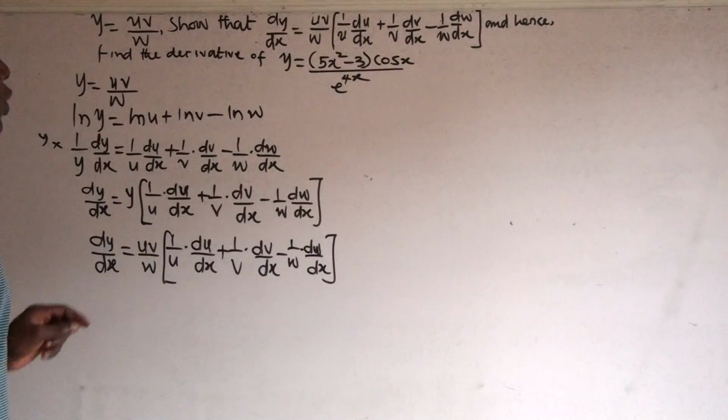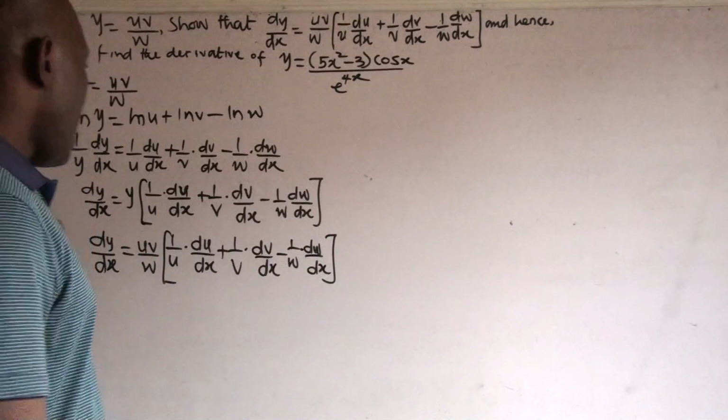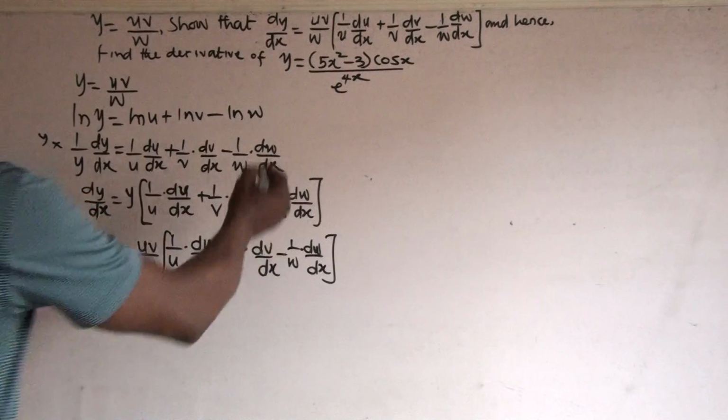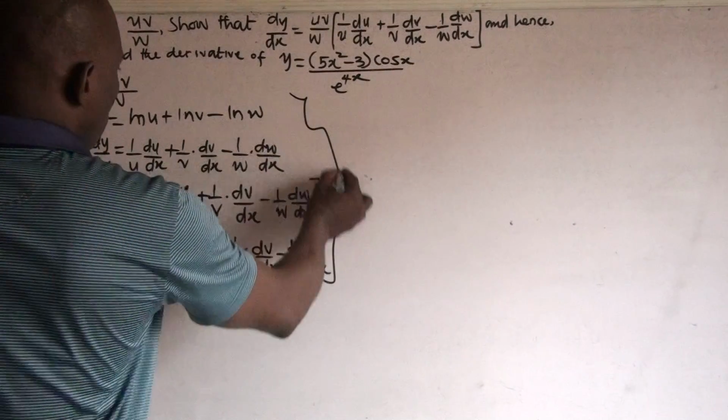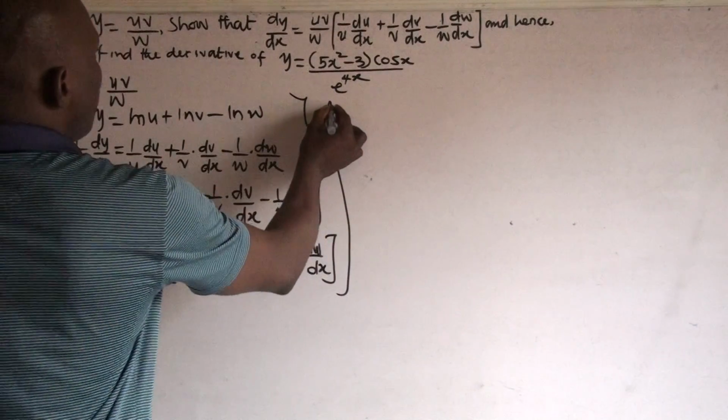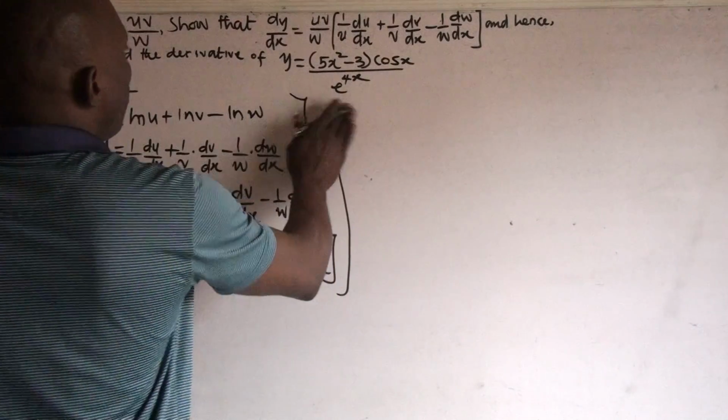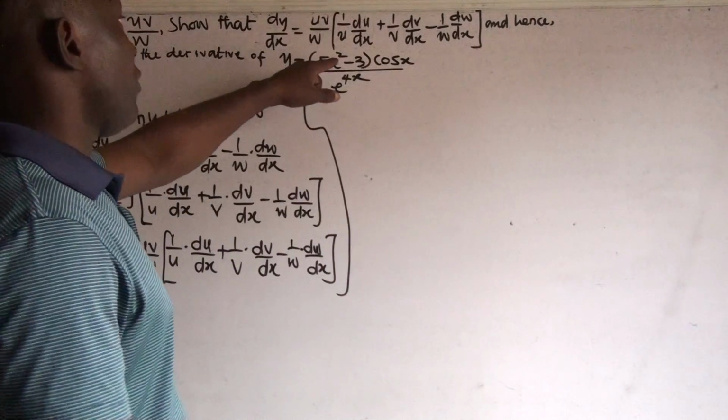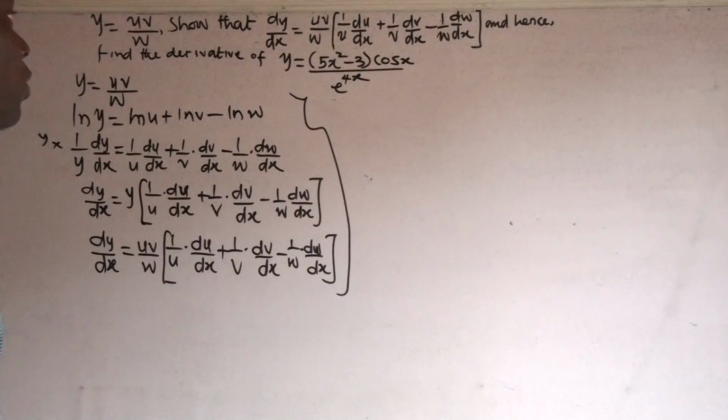So we'll be able to establish this first fact. And you can see that we are now given a question to resolve here: if we have a function y is equal to open bracket 5x squared minus 3 close bracket cos x over exponential raised to power 4x.